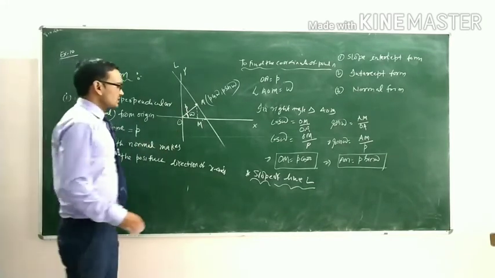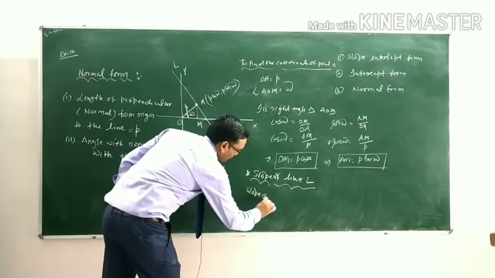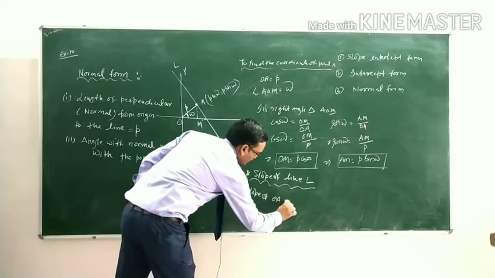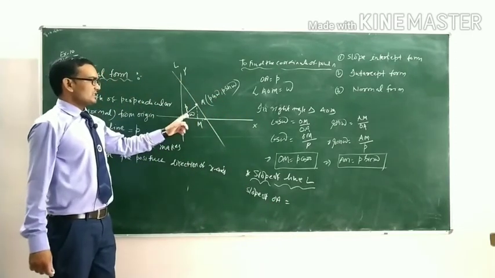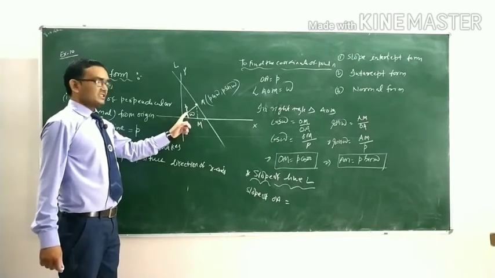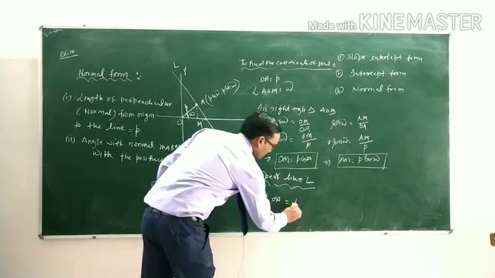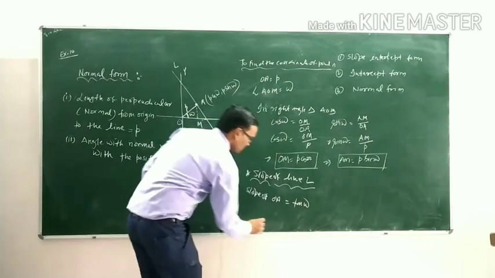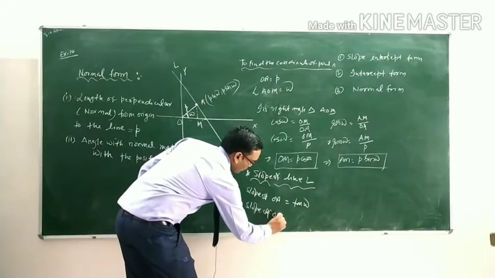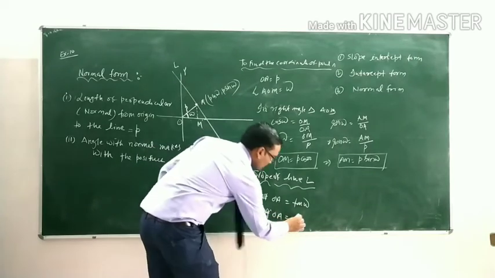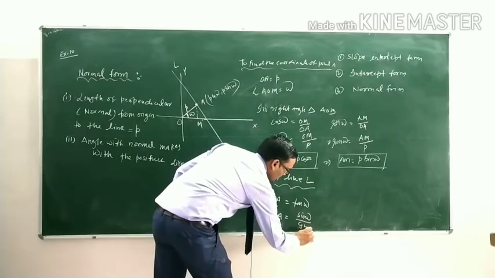Then the slope of OA: here this angle is omega, then the slope of OA is tan omega. Then the slope of OA equal to sin omega upon cos omega.